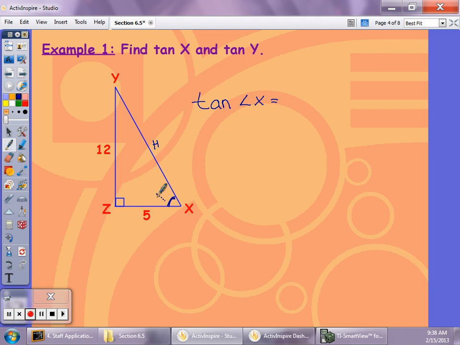The second side that we're going to locate is the side that is opposite. Here's your opposite side. So by default, this side down here is going to be your adjacent side. Now if we set up our tan ratio for x, the tangent of angle x is going to be equal to the opposite side over the adjacent side. So the opposite side has a value of 12, and the adjacent side has a value of 5.